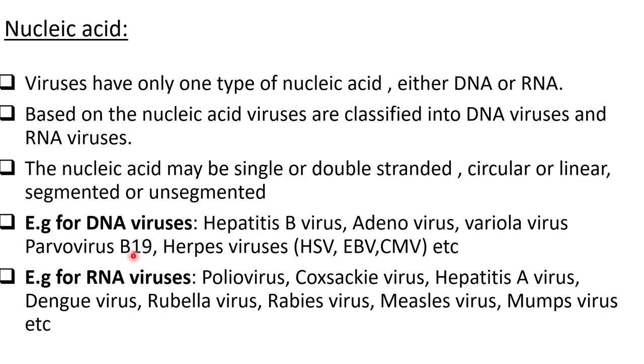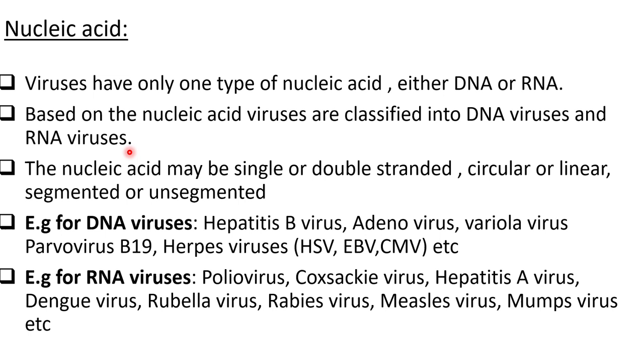And coming to nucleic acid, viruses have only one type of nucleic acid, that is either DNA or RNA. Based on the type of nucleic acid, viruses are classified into DNA viruses and RNA viruses.